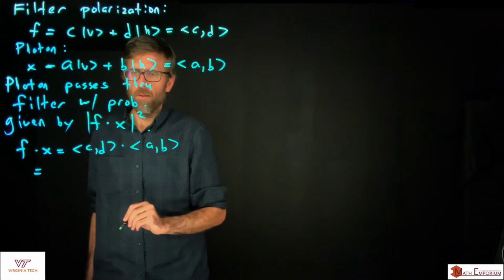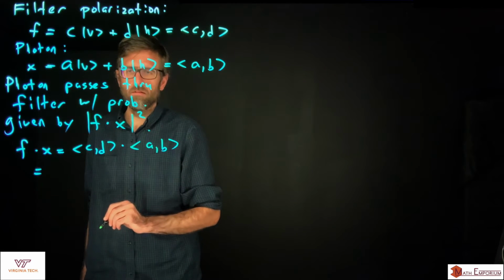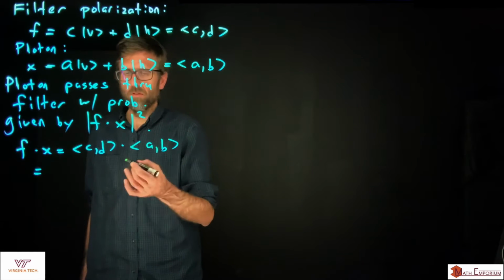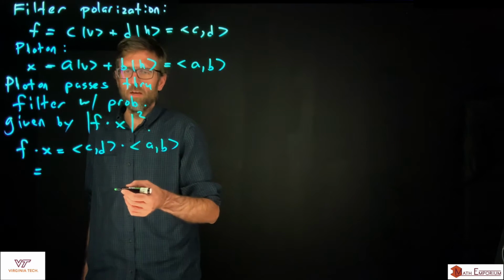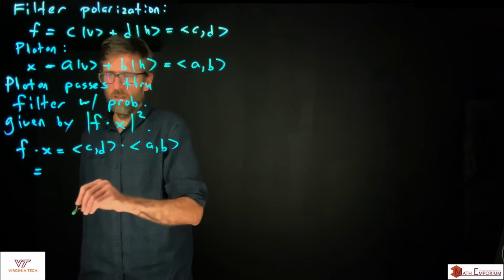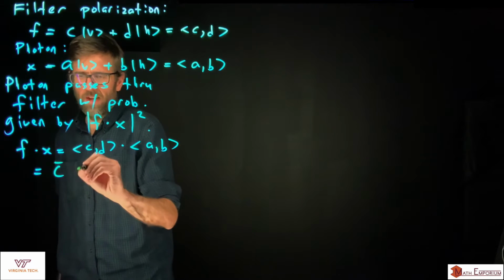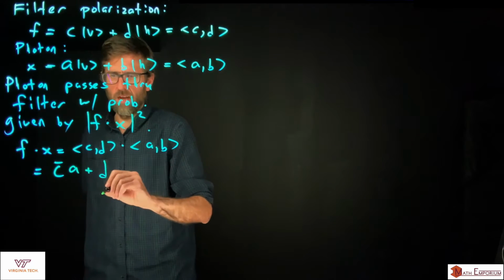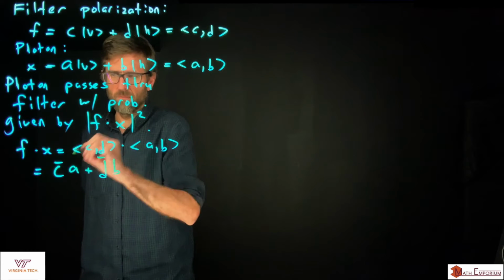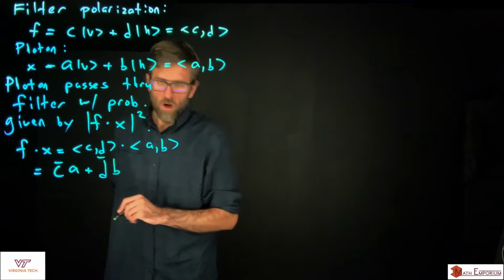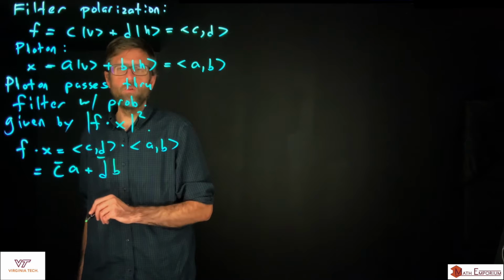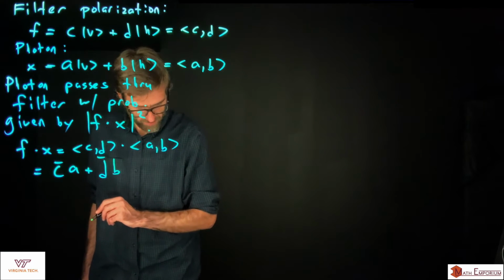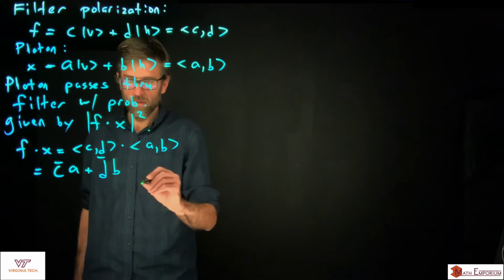If these were just real numbers, then this would just be CA plus DB. But since these are complex, we actually have to conjugate those first components. So C conjugate A, D conjugate B. All right, so if we go back to our three filter experiment, look what happens.